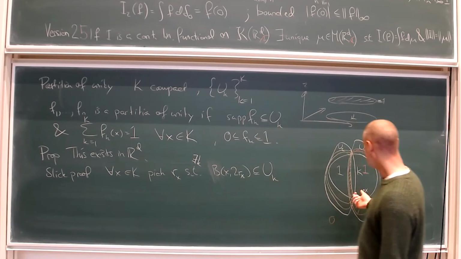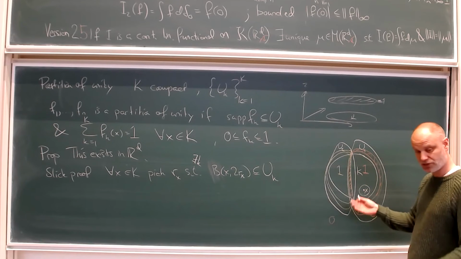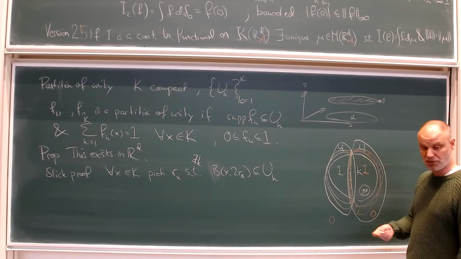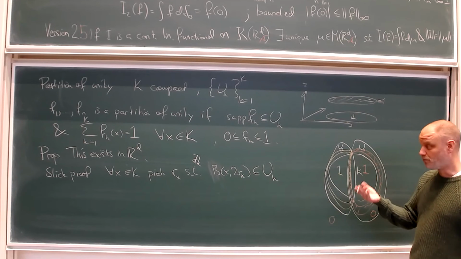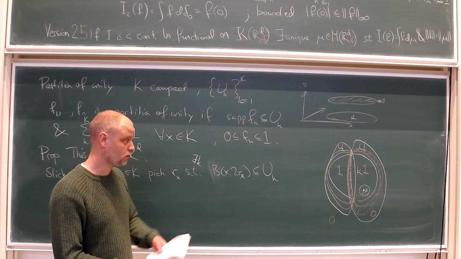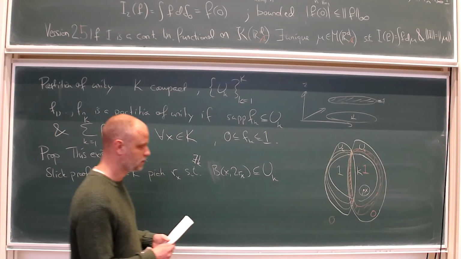And then, since this is an open set, I can always take a small ball around my x which is inside of the open set, and the radius of that can be 2 times the number which I'm going to call Rx, right? So Rx is just half the radius of some ball you can fit in there. Now you use proposition 1.